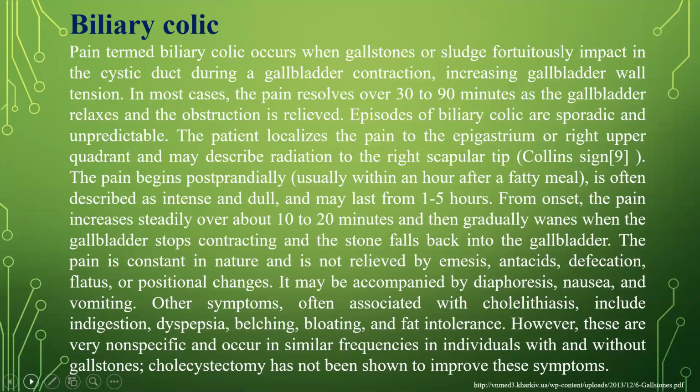In most cases, the pain resolves over 30 to 90 minutes as the gallbladder relaxes and the obstruction is relieved. Episodes of biliary colic are sporadic and unpredictable. The patient localizes the pain to the epigastrium or the right upper quadrant and may describe radiation to the right scapular tip. It's a common sign.